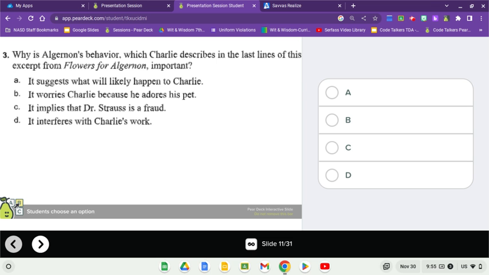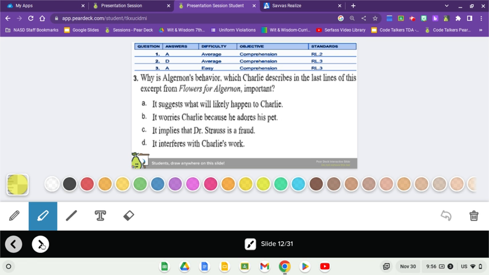All right. Next, 3. Why is Algernon's behavior, which Charlie describes in the last lines of this excerpt from Flowers for Algernon, important? Why is that mouse's behavior important? Take a moment and think on it. Well, the answer is A. It suggests what will likely happen to Charlie because they both had the same surgery.